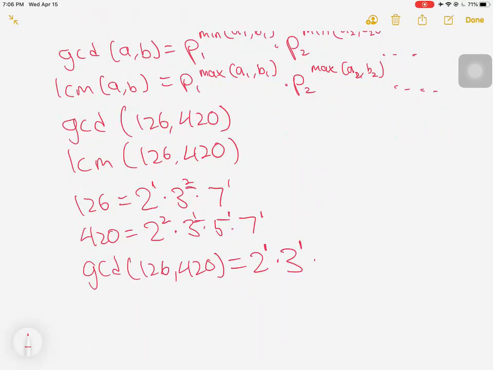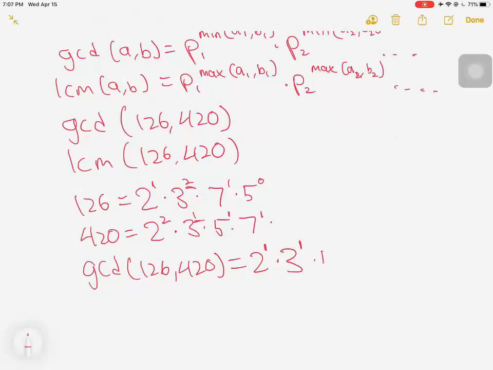And then now we go to the 5s. We see that 126 doesn't have a factor of 5. But anything to the power of 0 is simply 1. So we can imagine this as having a 5 to the 0, since multiplying by 1 has no effect on the number. So again, we take the smaller of the two values, which is 0.